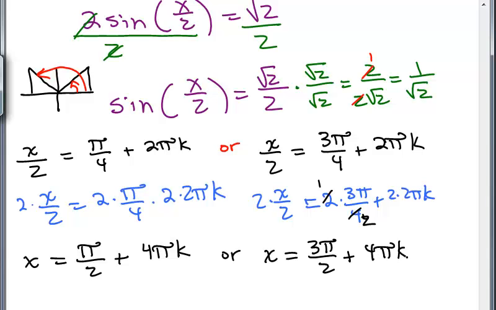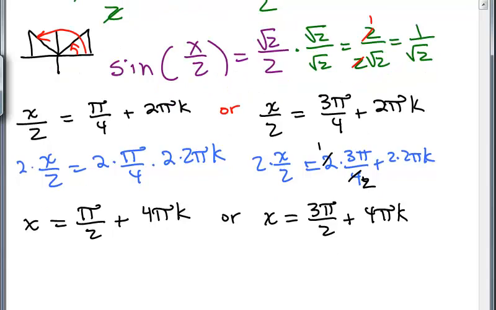So if we were asked to find all the solutions, and that's what you do first, figure out what all the solutions are, and then we're going to list the ones in the right interval between 0 and 2 pi. So that's where we're at now. Okay, so if we take pi over 2, that'll be the first one, right? And then if I add 4 pi, oh, I'm already over 2 pi.